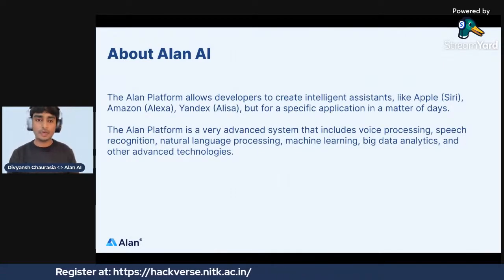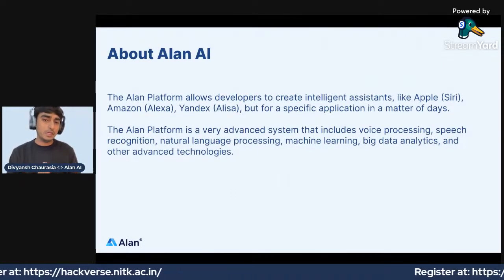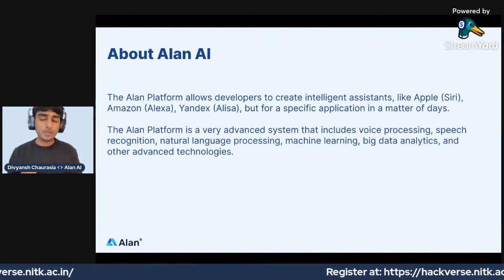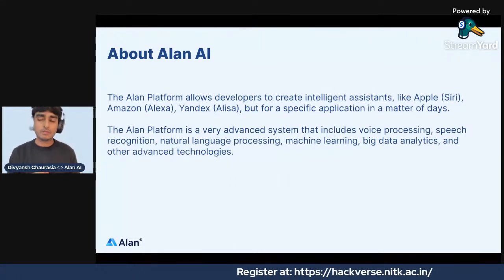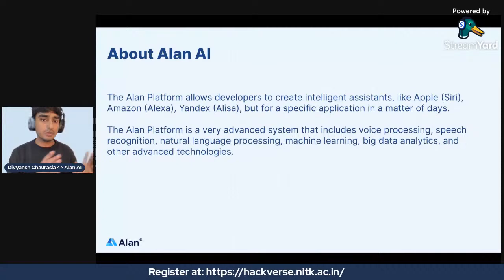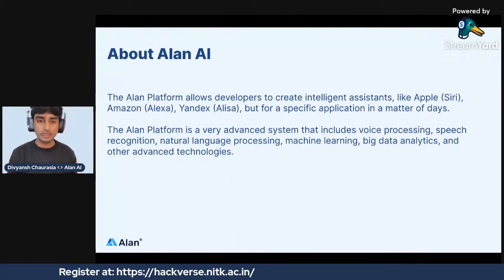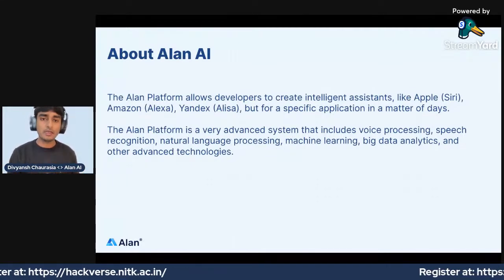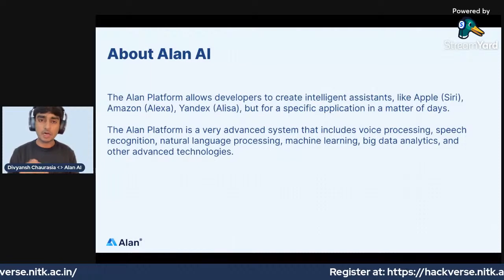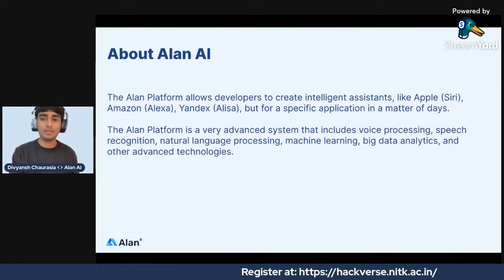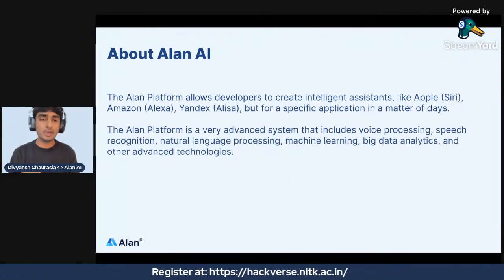So, about Allen AI. We all are familiar with smart assistants like Alexa, Google Assistant, or Siri. But with Allen AI, you can create a smart assistant for your application.